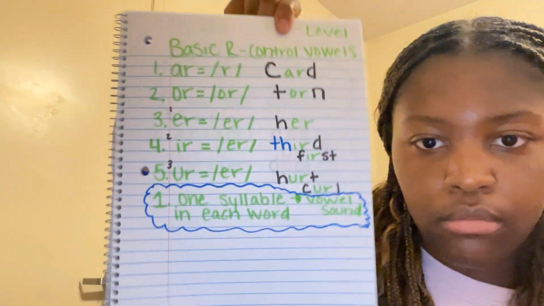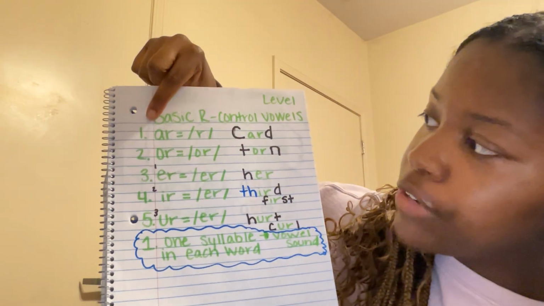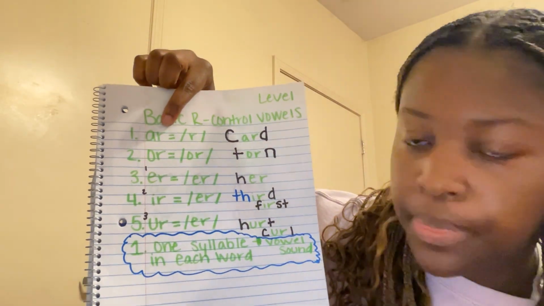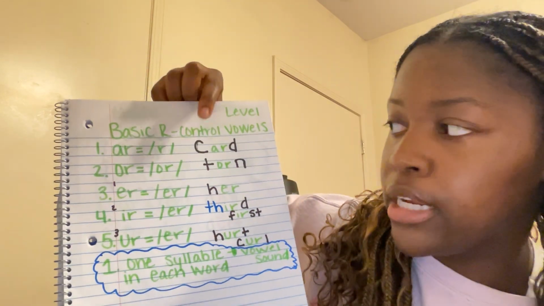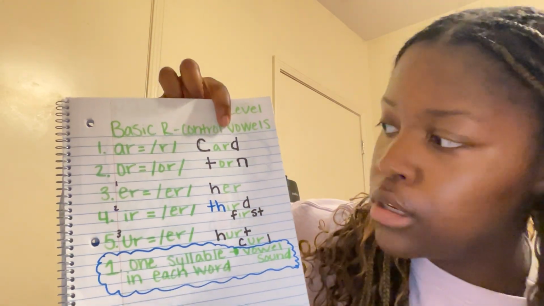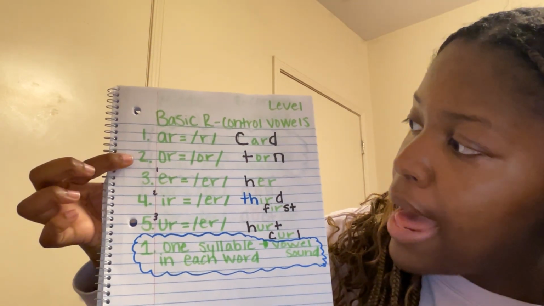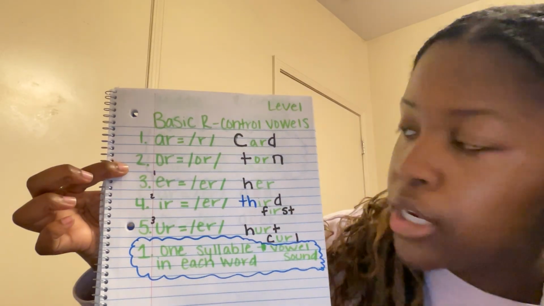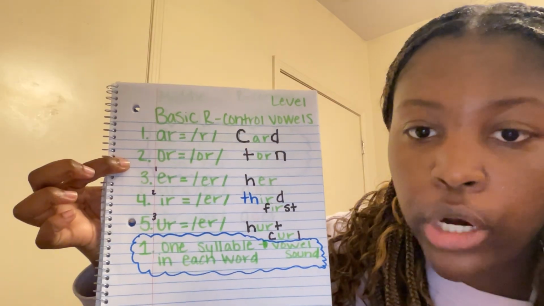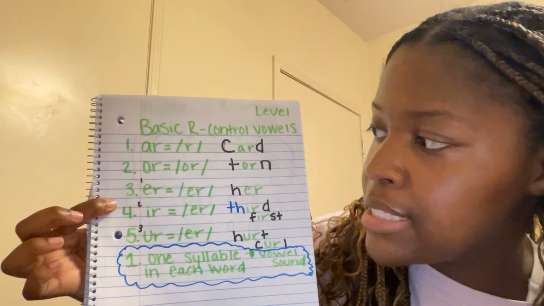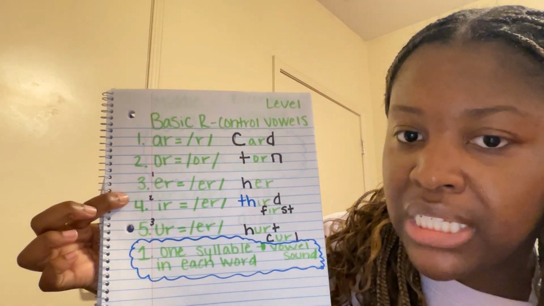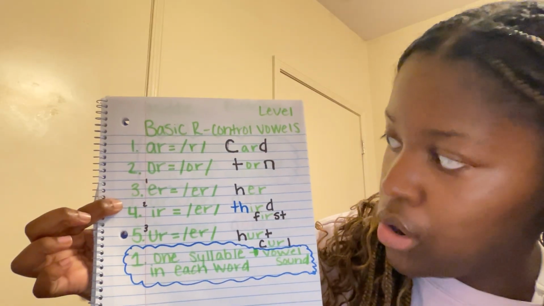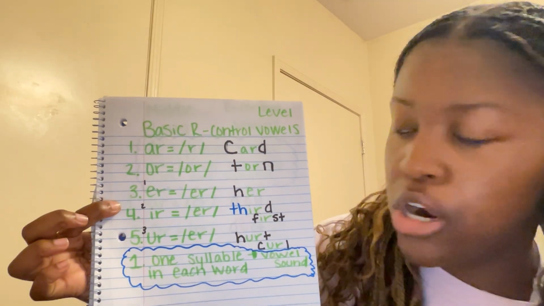Now I have the basic R-controlled vowels level. The first word I have is AR that makes ar, like in hard. Next I have OR that makes the sound or, like inorn. Next I have ER that makes er, like in her.